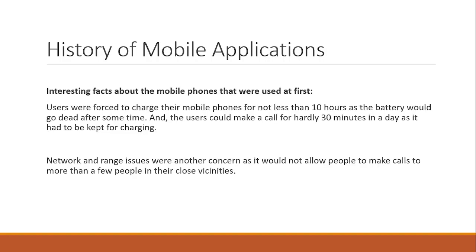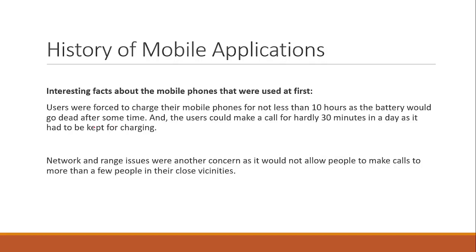Okay, so before we proceed to the next step, we'll talk about some interesting facts about mobile phones that were used at first. The first fact is that users were forced to charge their mobile phones for not less than 10 hours as the battery would go dead after some time. And the users could hardly call for 30 minutes in a day as it had to be kept charging.